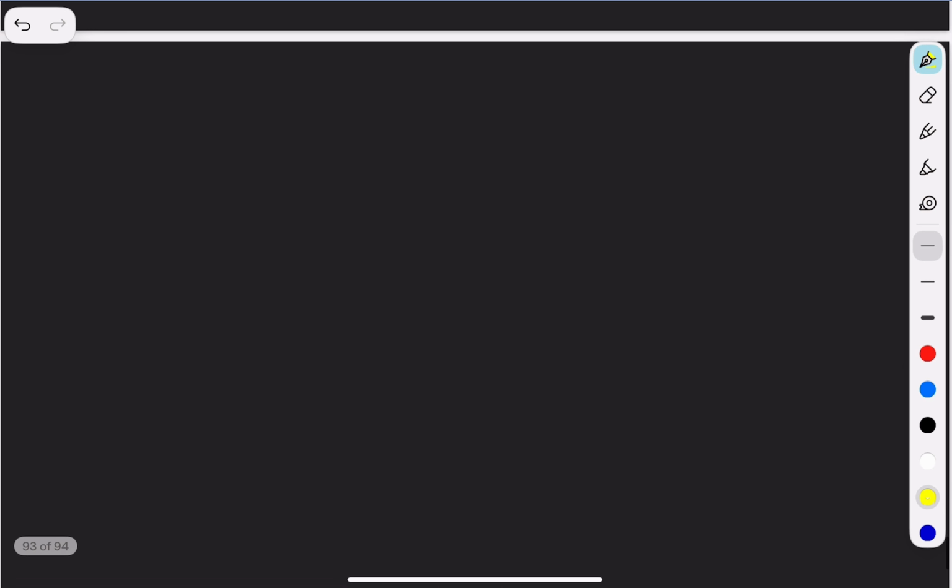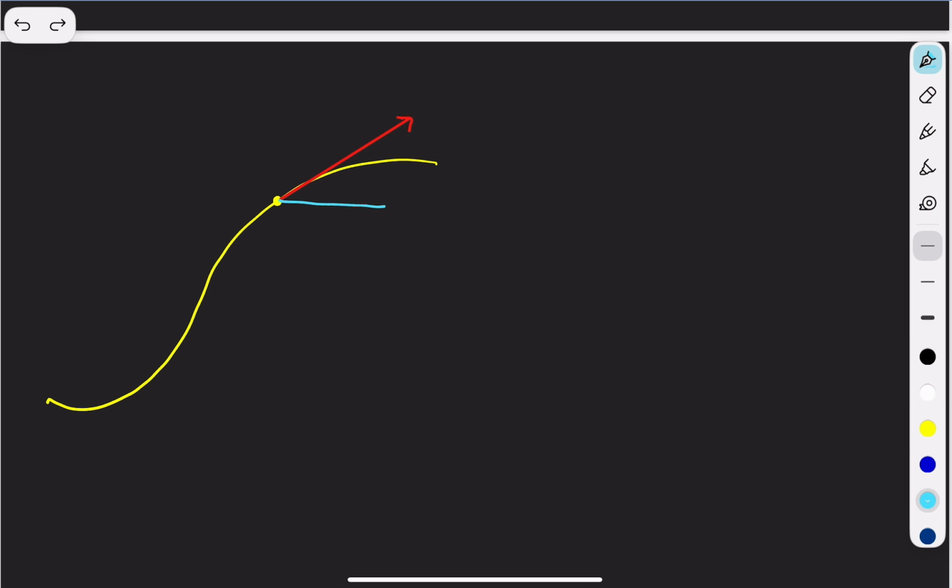Suppose this is some curve, and on this position you have a certain velocity in this direction, and let's say the particle has a certain acceleration. Let me choose some other color. This particle has a certain acceleration in this direction. This is the net, the total acceleration.